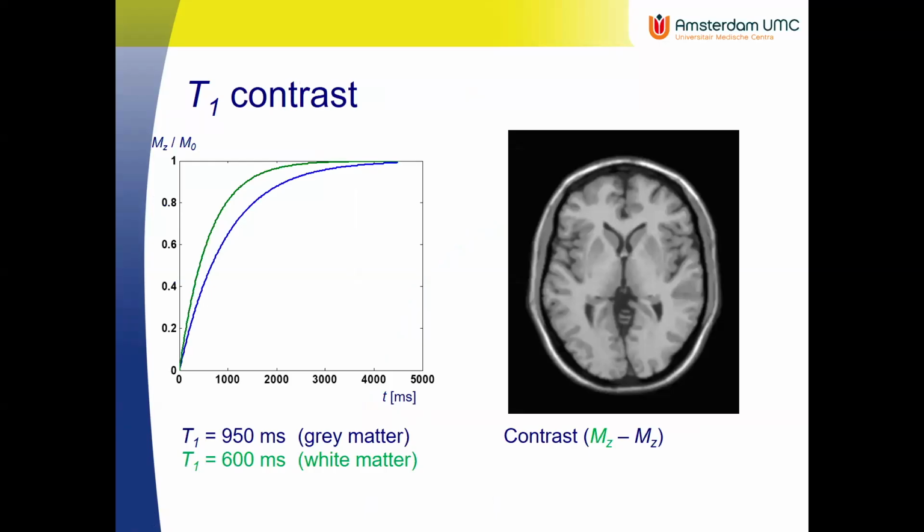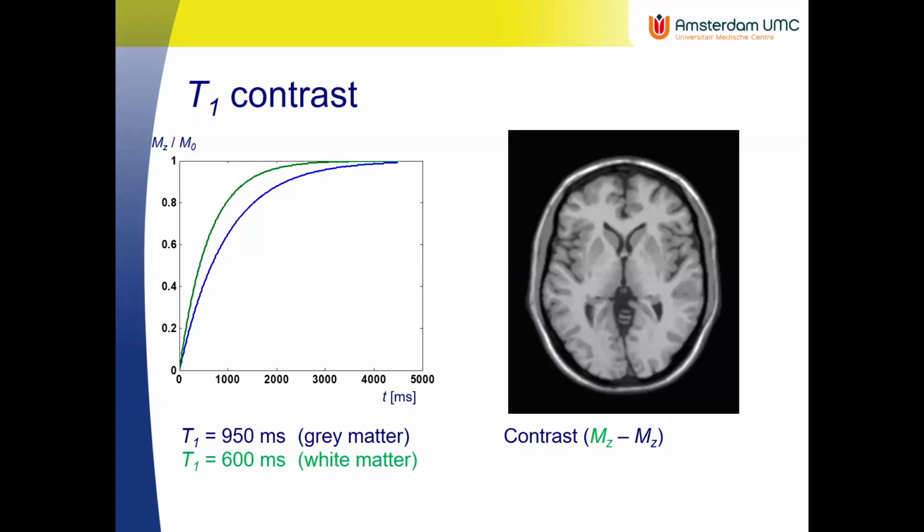Okay, so that tells us something about the relaxation process, but it still doesn't tell us why one tissue is darker or brighter than the other. If we're talking about darker or brighter pixels, we're talking about contrast. By contrast, I basically mean a signal difference between the different tissues, different gray values.